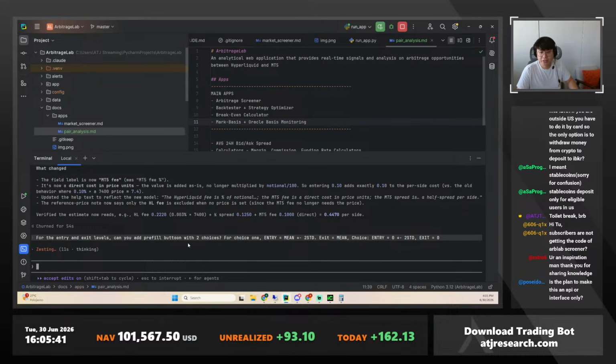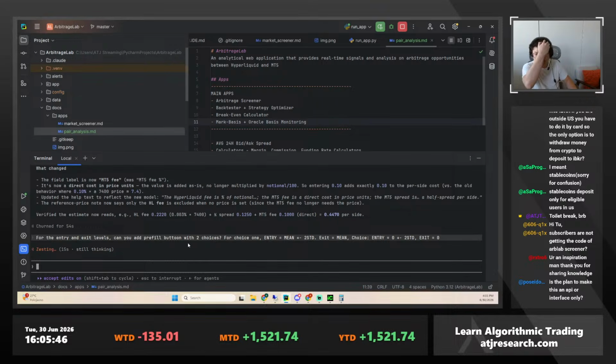Is there a plan to make this an API or interface only? For now, I'm just going to use it as an interface, but it's not difficult to provide it also as an API. I could create API keys that users can generate, and then you can request signals from this app.